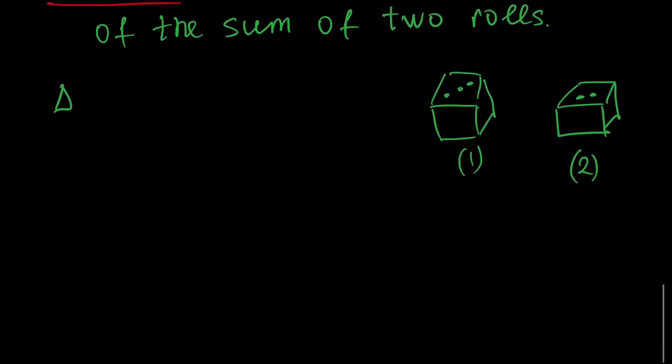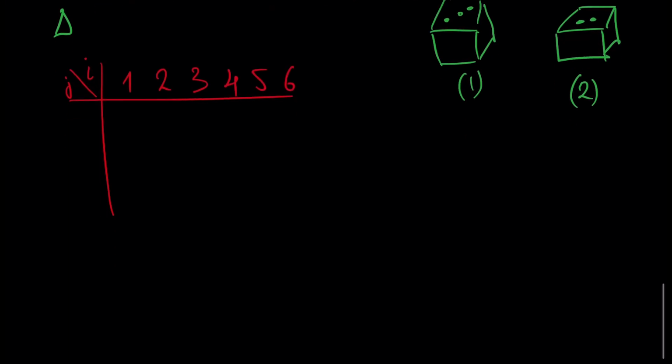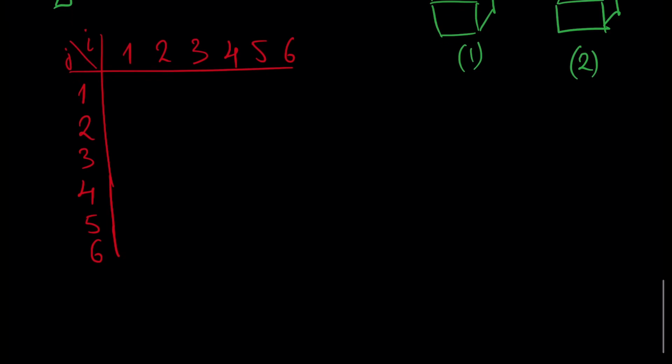In this case, we have the next situation. Let's write here i and j. The first roll can give us 1, 2, 3, 4, 5, and 6. And the second roll also can give us 1, 2, 3, 4, 5, and 6. And let's take the sum of these two numbers of dots for each die.